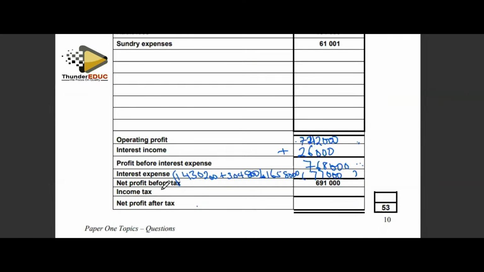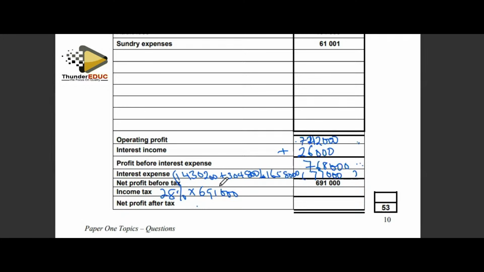let me do the calculation here. They say that it is 28%. Remember that you did that in class with your teachers. The tax is always 28% unless it is changed, but the percentage is always the same, times 691,000.